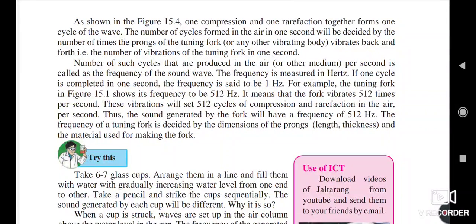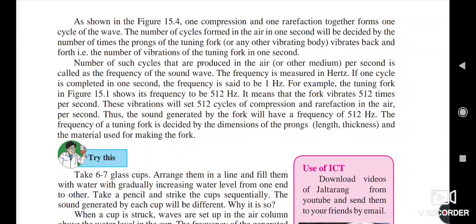Frequency is measured in hertz. If one cycle is completed in 1 second, the frequency is said to be 1 hertz. The example of the tuning fork in figure 15.1 shows the frequency to be 512 hertz. It means the fork vibrates 512 times per second.